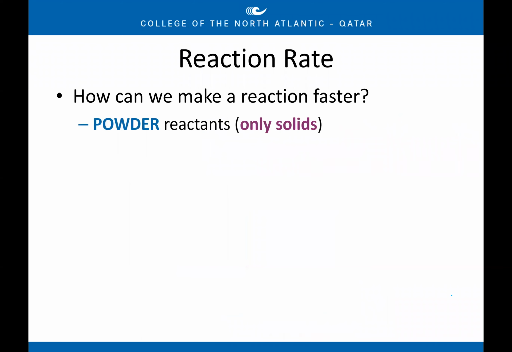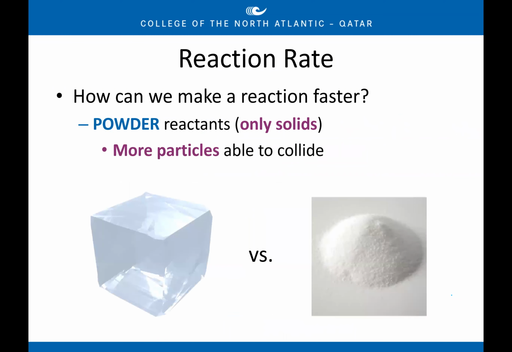Okay, this one's a little bit easier to think about because if any of you drink coffee or tea, you've probably experienced this. You don't see it too often, but you can buy sugar for your tea in cubes.